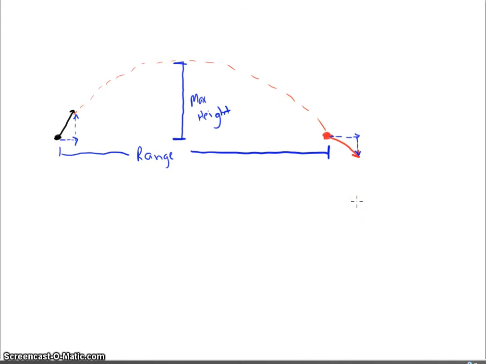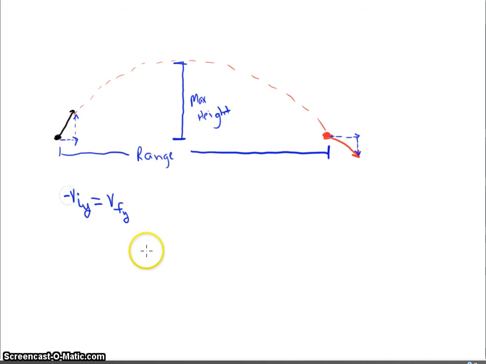Okay, now there is one other thing here. The velocity in the vertical direction that this object goes up will be the same as the velocity in the vertical direction that this object comes down. It'll just be in the opposite direction. So here's what I mean. The initial velocity in the vertical direction will be equal to the final velocity in the vertical direction.